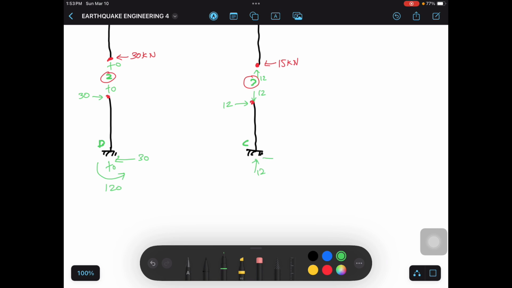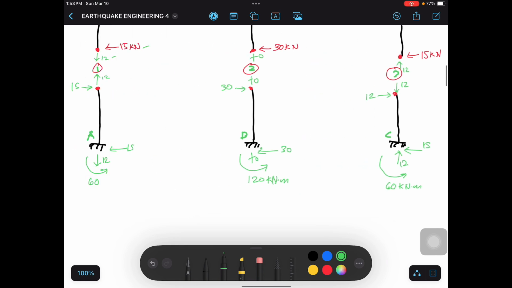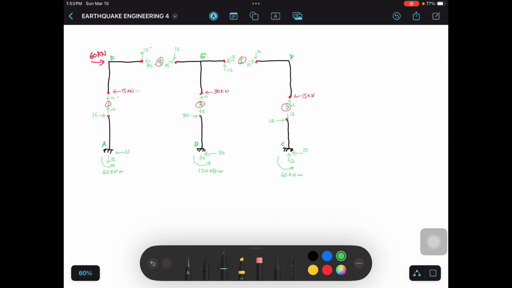Upward ang vertical dito naman sa C, to the left yung horizontal na 15, and counterclockwise pa rin na 60 kilonewton meter ang moment at C. So yan yung buong internal forces and reactions ng structure.